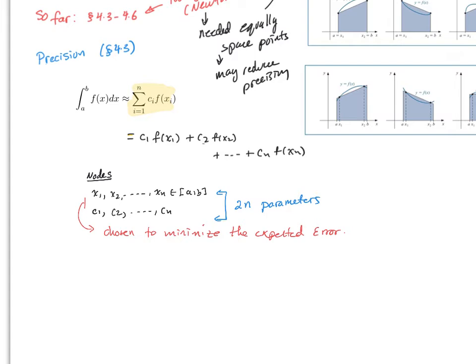And here by expected error, we're talking about trying to be as precise as possible. So therefore, what we're going to do is choose a class of polynomials. So we're going to have a polynomial class of degree 2n minus 1. And this one has 2n parameters, which is what we need.